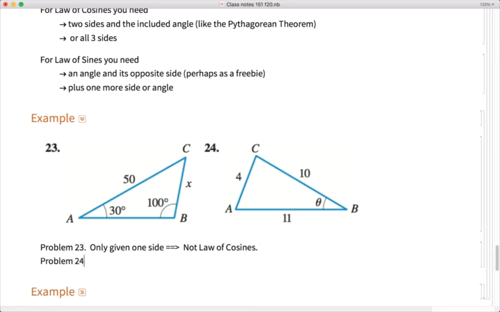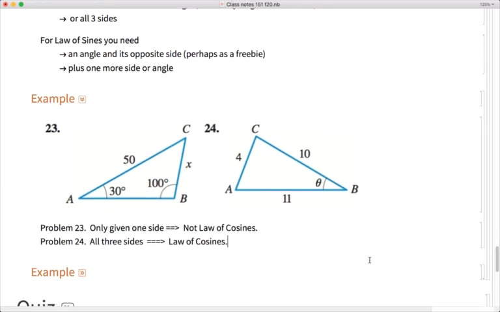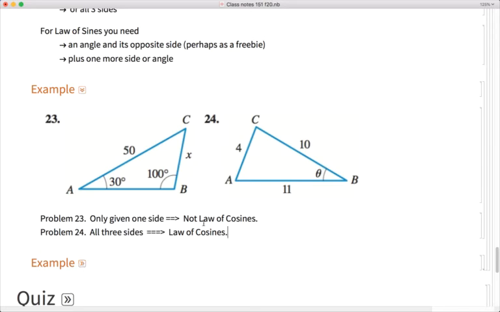Problem 24, all three sides, boom, boom, boom. You're going to use law of cosines. All right. Let's try one more. And I guess to find the theta, apparently.